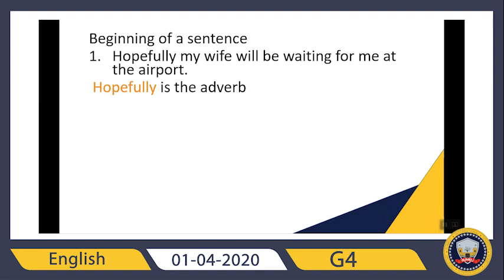So that is an adverb because it shows the opinion of the husband. He is hoping that the wife will be waiting for him at the airport. So hopefully is an adverb in the sentence.